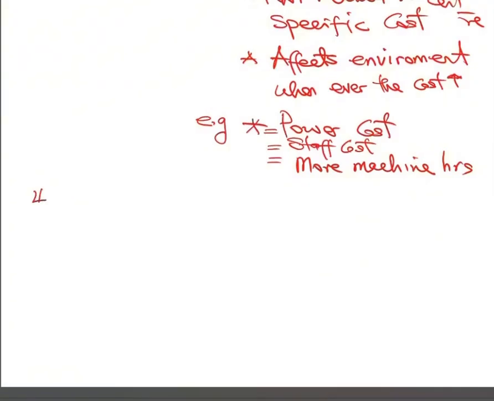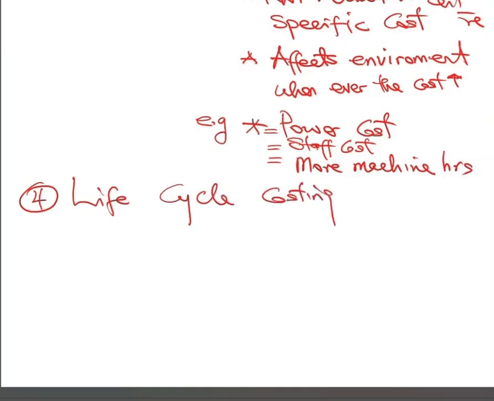The last method that I'm going to be explaining is also your friend, which is life cycle costing. And I'm sure you can relate with this one easily, especially from what Gu said.